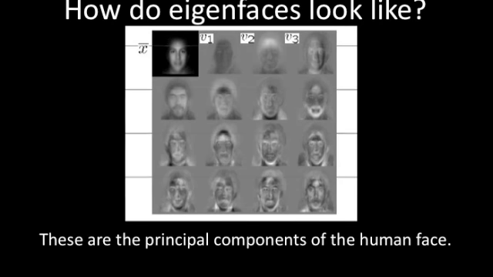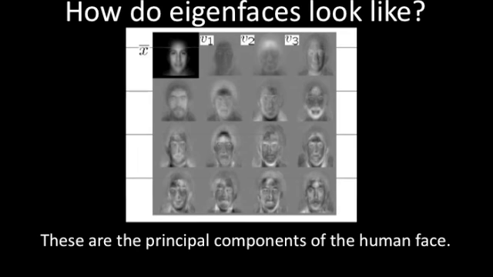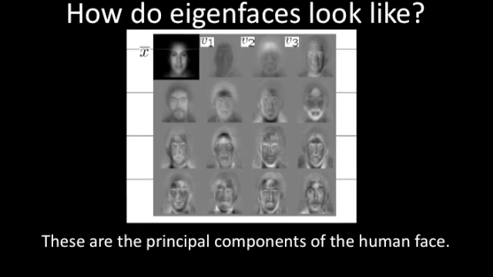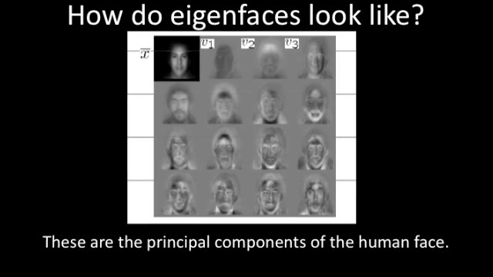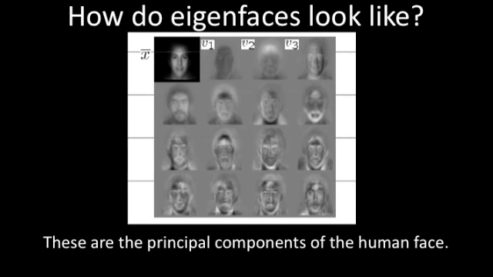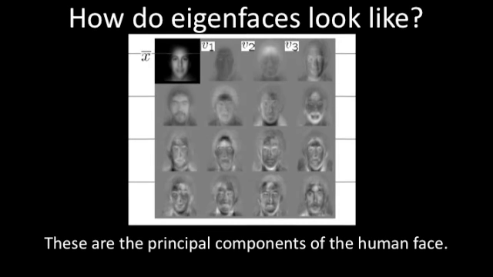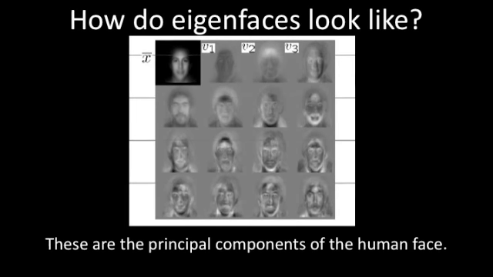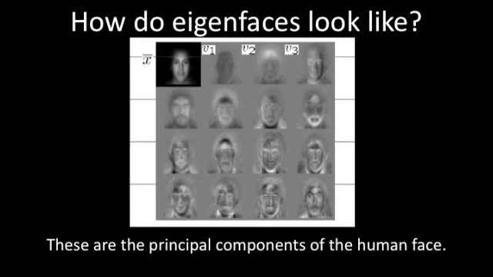In this case, it shows the skin color. V2 becomes a little bit more particular in the details, and it goes down until you see at the bottom right where the details are more pronounced. These eigenfaces are basic principal components of the human face. We will use combinations of these to build projections of faces and estimates of other faces.